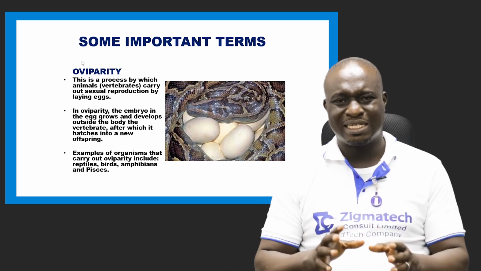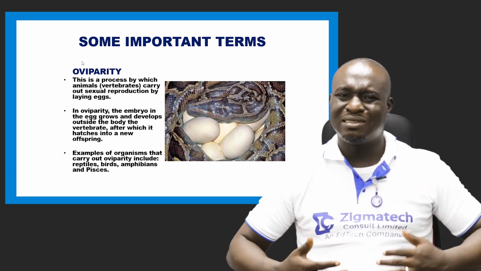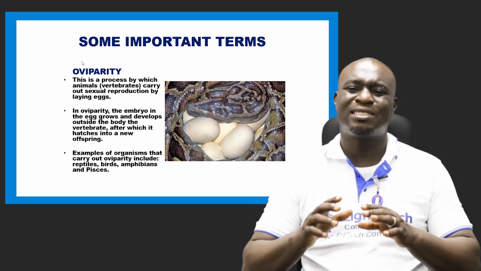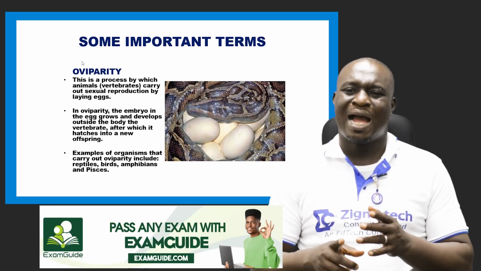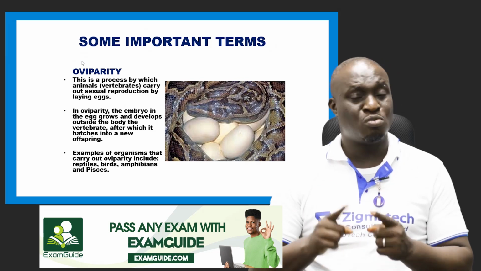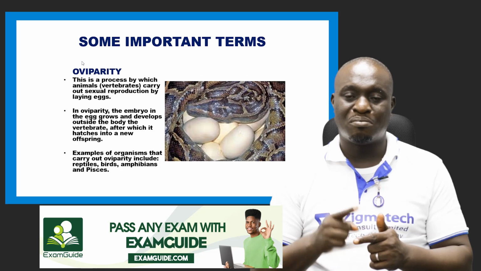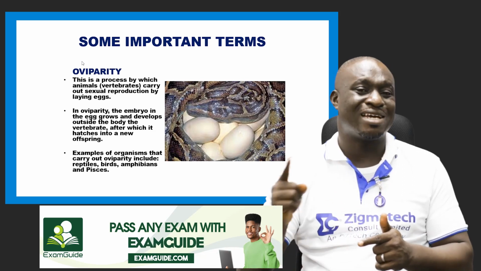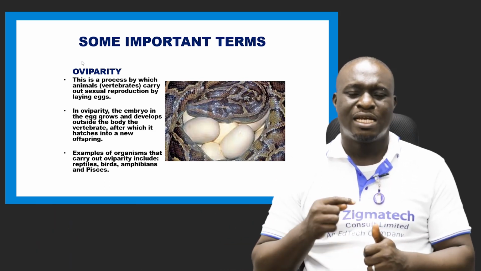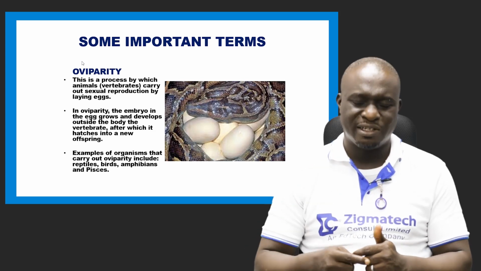Please get to understand the difference. The eggs grow and develop outside the body of the vertebrate, after which it hatches, mostly in animals that are terrestrial. It hatches into a new individual.